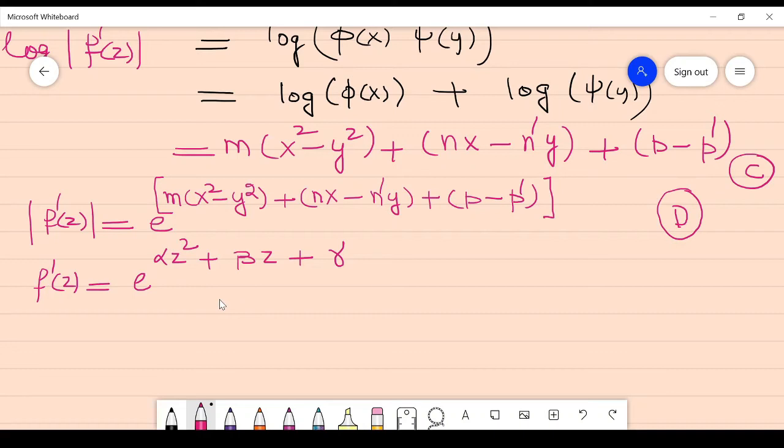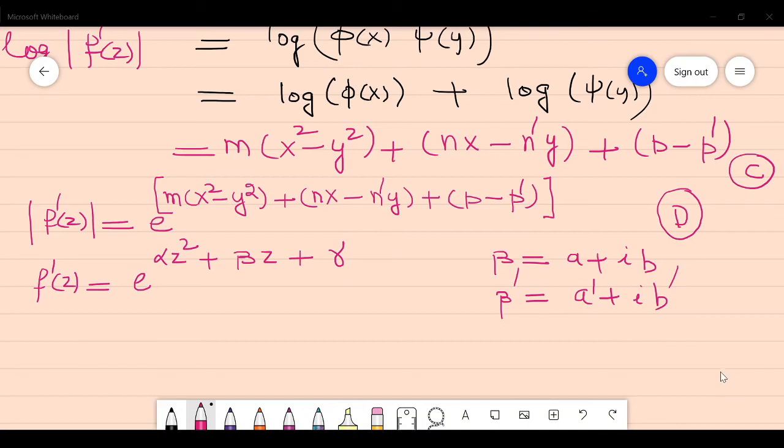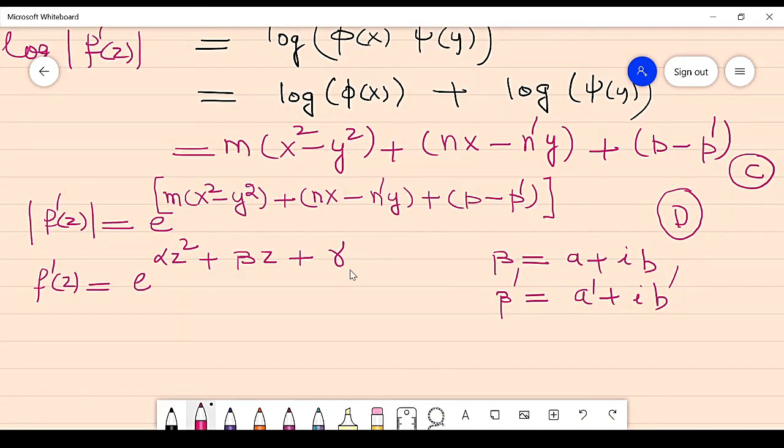So beta and gamma are complex, so we take complex values, and alpha is real. So what is beta? Here beta we write as a plus iota b, and gamma, a complex constant, can be written as a dash plus iota b dash.